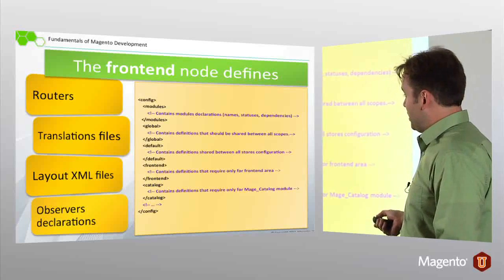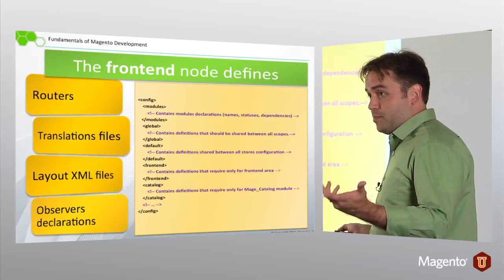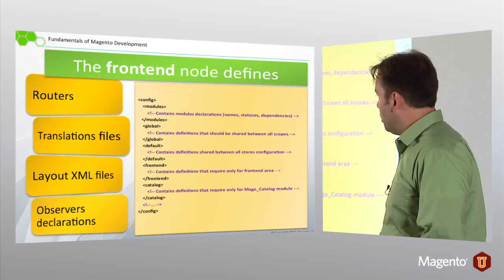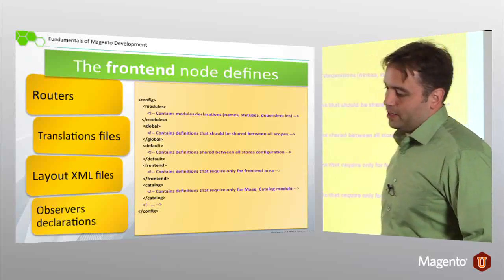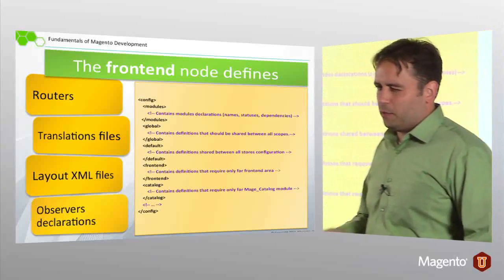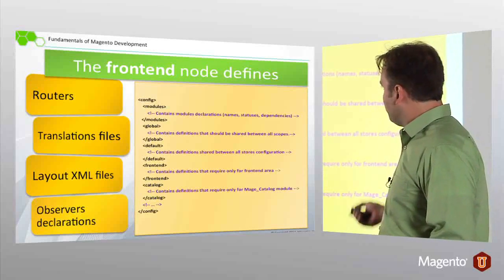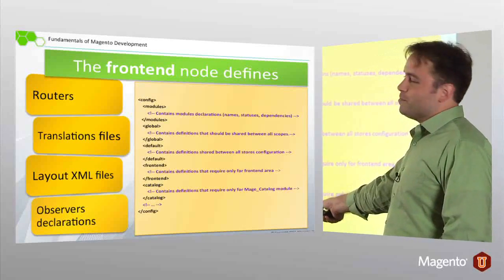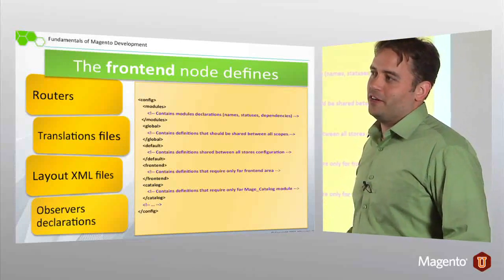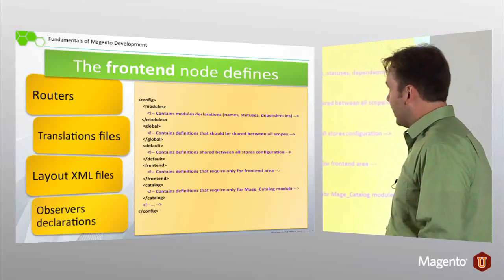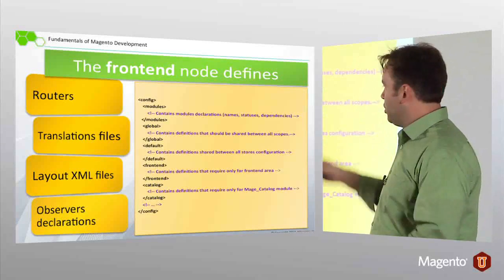We can also specify our layout XML files, which is what we were talking about earlier. Inside frontend, we might have updates, and I think we have an example of doing that a little later on. And we also declare our observers. That's our event-driven architecture, and again, that's done in the different area scopes.